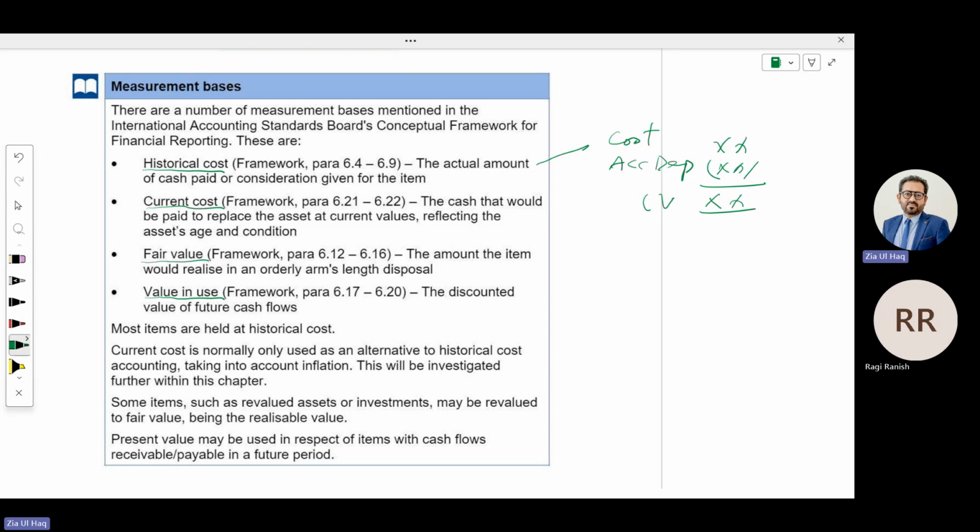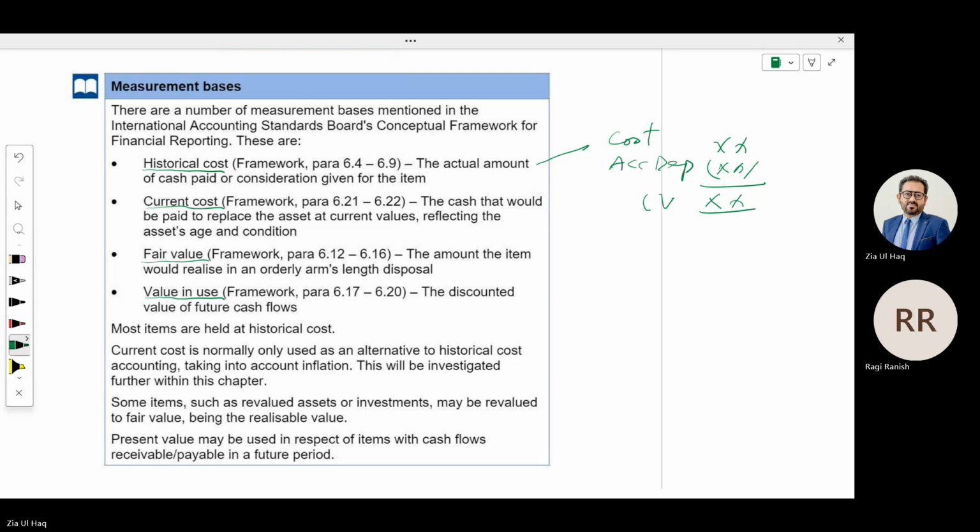It means at what amount we bought the asset or constructed the asset, less accumulated depreciation. We record the asset at carrying value according to this formula. What is the worth of this asset in the market now? No, we are just recording on cost basis.